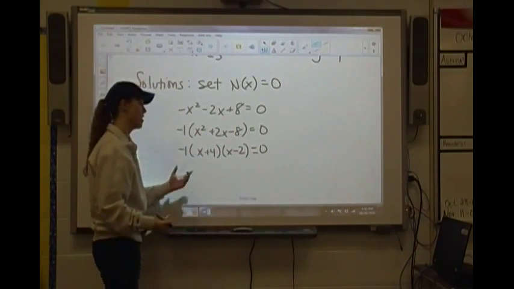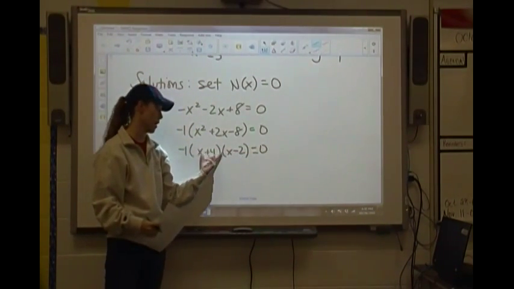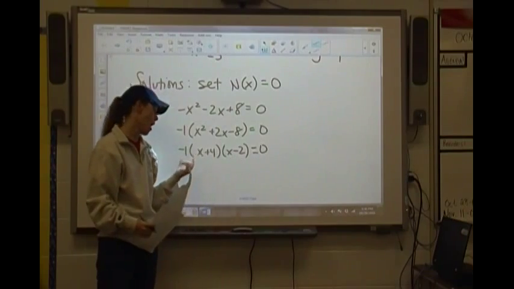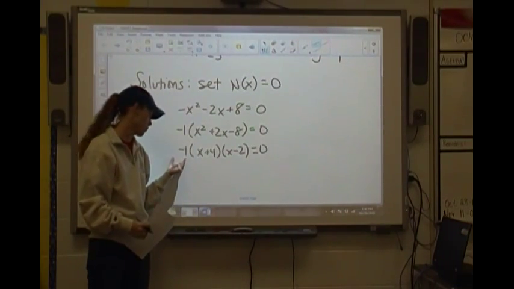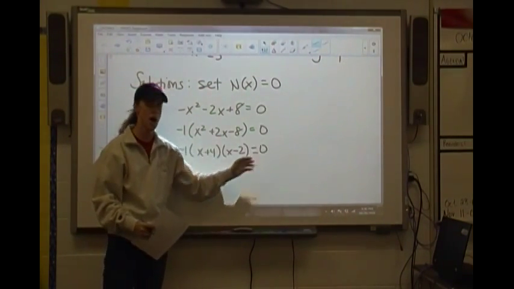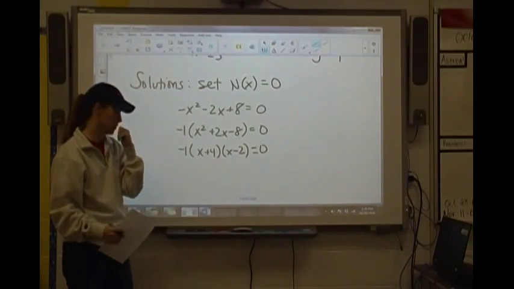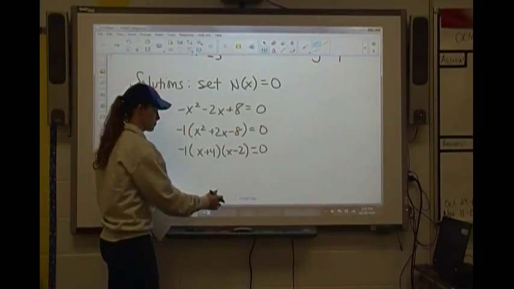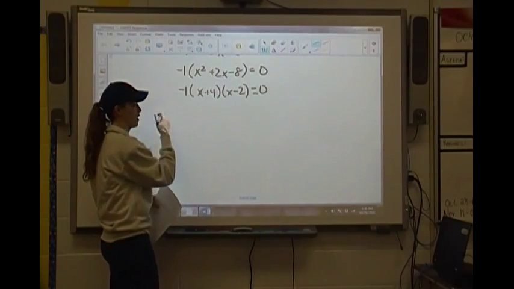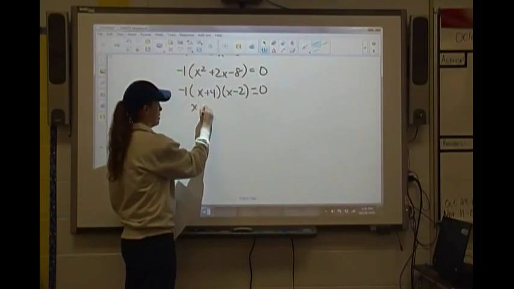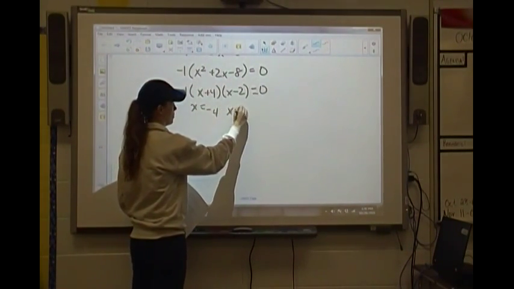When I solve each of these factors, I don't care about that negative 1, because if I divide the whole thing by negative 1, I would just get 0 divided by negative 1, which is just 0. There's no x there to solve for. So we'll have x is equal to negative 4 and x is equal to 2.